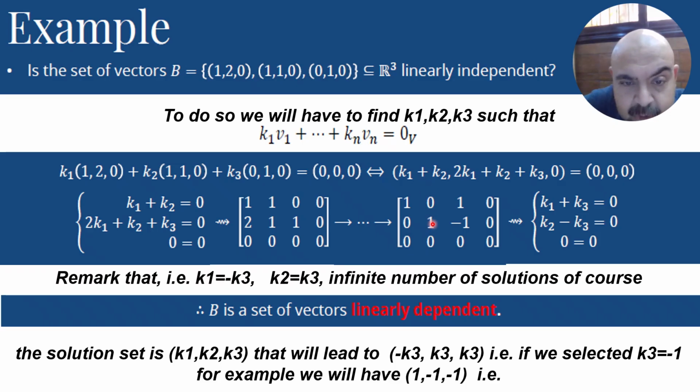And the pivot of the second column already exists, but we are missing the pivot of the third column, which means the first two vectors will be the generators of this vector space or this B set.